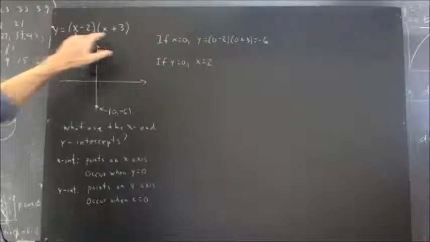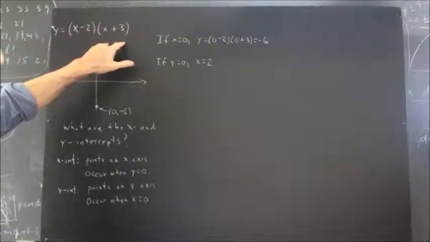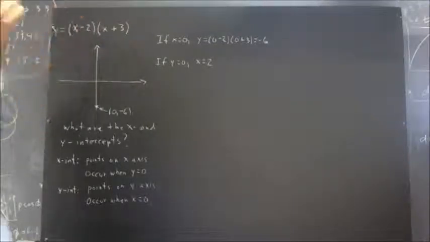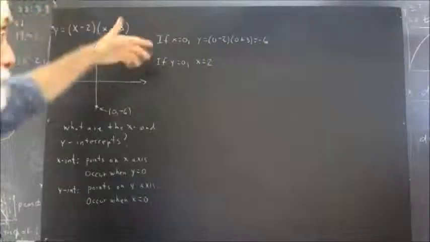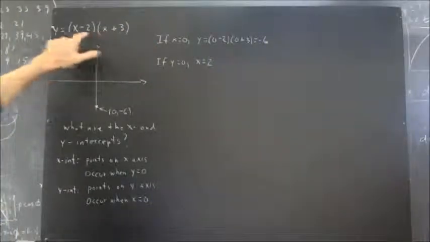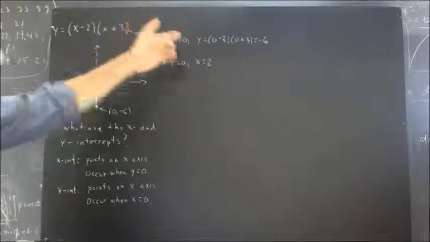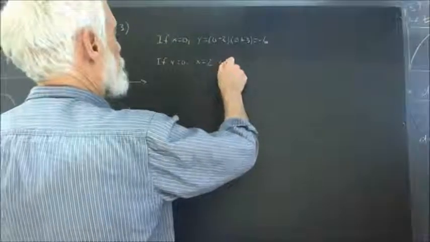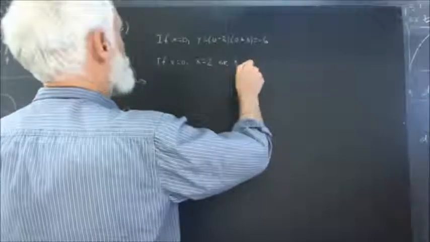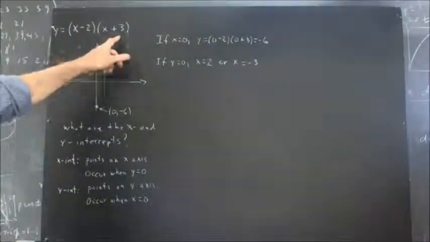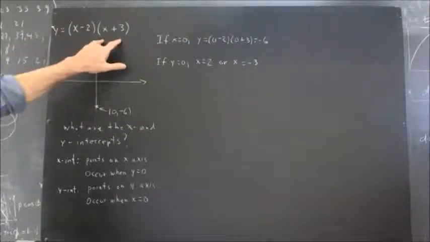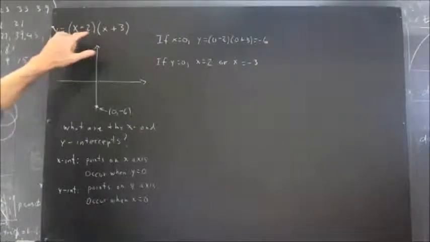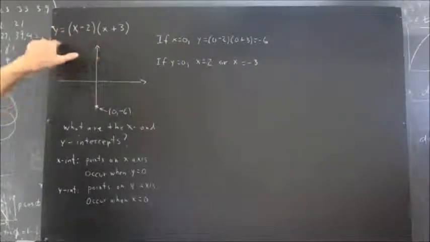That's going to be 0 multiplied by whatever x plus 3 is. Of course, that's going to be 5 if x equals 2, but that doesn't matter. As soon as this is 0, you know the whole thing is 0. Also, x could equal negative 3. If x is negative 3, then you're going to have 0 here, and multiplied by this, doesn't matter what this is, you're going to get y equals 0.